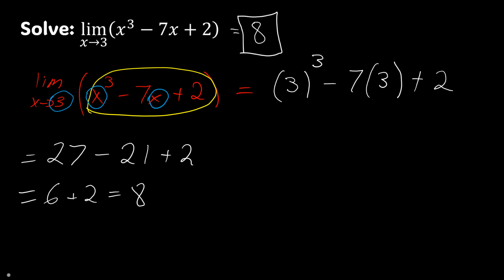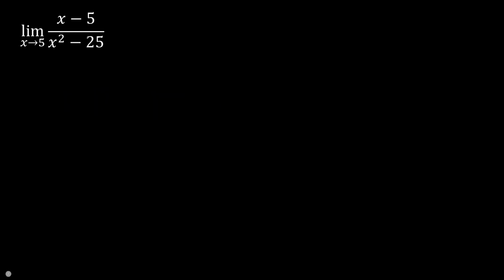All right. So now we see a restriction on the domain, and let's try to substitute. So we put 5 in for x here and here. That would equal 5 minus 5 over 5 squared minus 25.